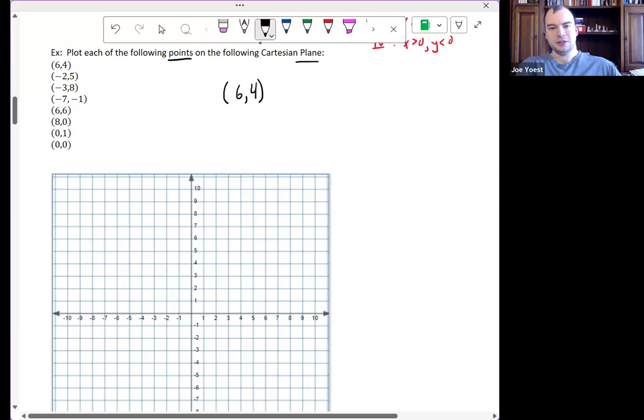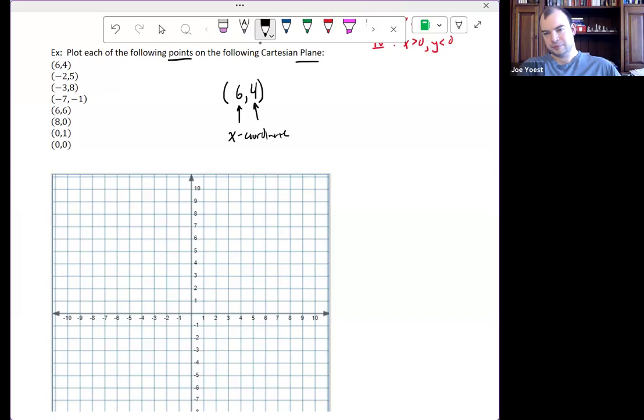Well, this refers to the two coordinates, the x coordinate and the y coordinate of a point that's located on the plane. So this is the numerical representation of a point that's visually located somewhere on the plane.